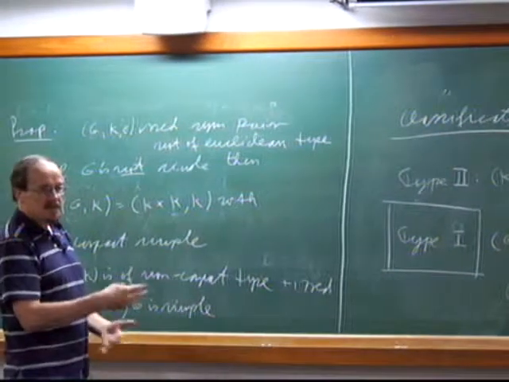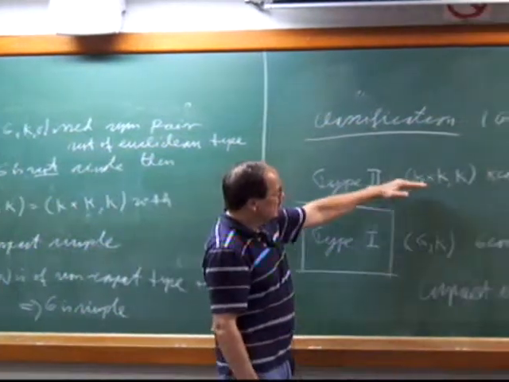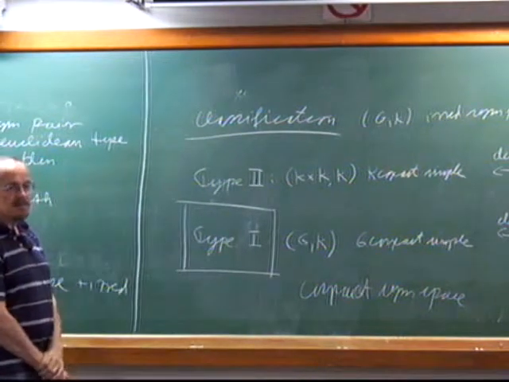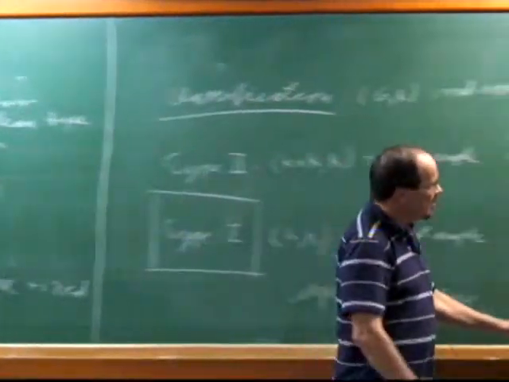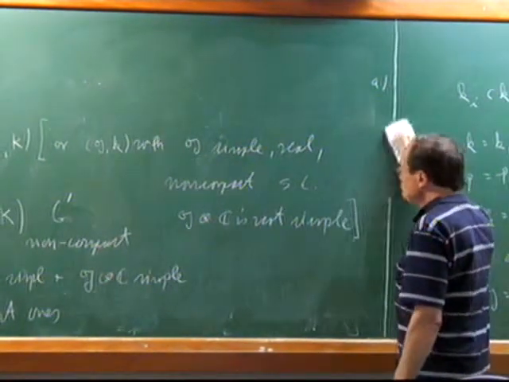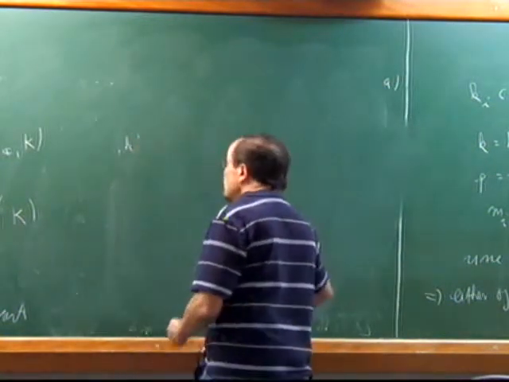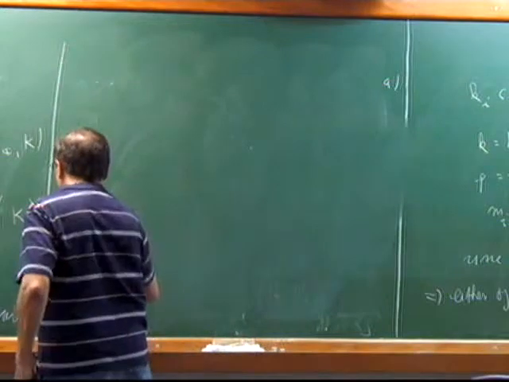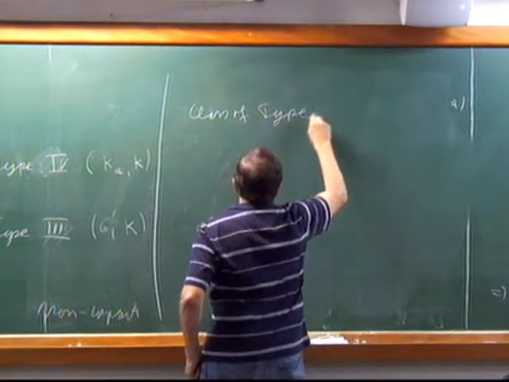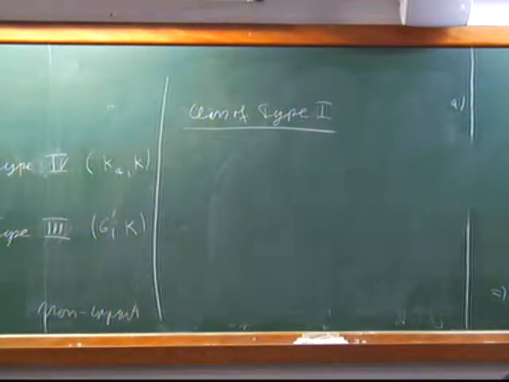Because of duality, if I classify compact, I classify non-compact. And this is the classification of compact simple Lie groups, which we think we understand. And therefore all that's left is this. So how do I classify type 1? Let's do just some simple examples. G is compact simple, so we know what they look like.